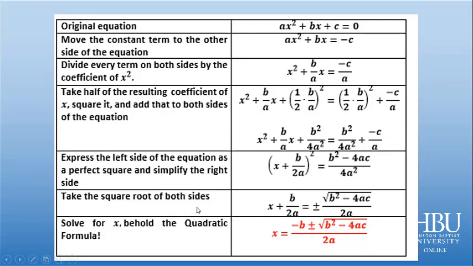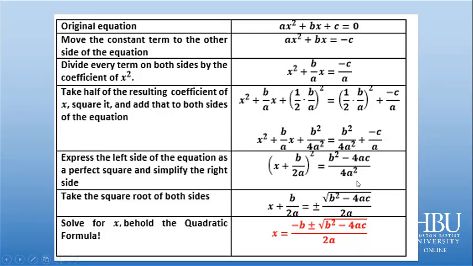Now I want to take the square root of both sides, and that will give me x plus b over 2a equals plus or minus the square root of this numerator over the square root of the denominator. The square root of the denominator is just 2a. And then finally, I solve for x by subtracting b over 2a from both sides of the equation. And there is my quadratic formula.